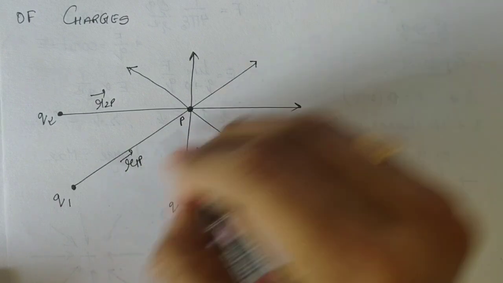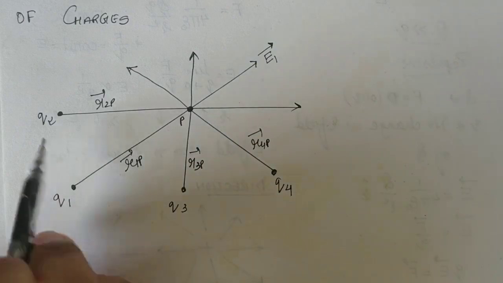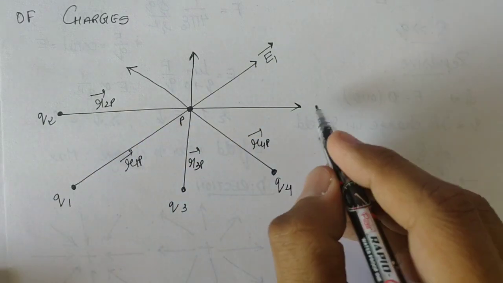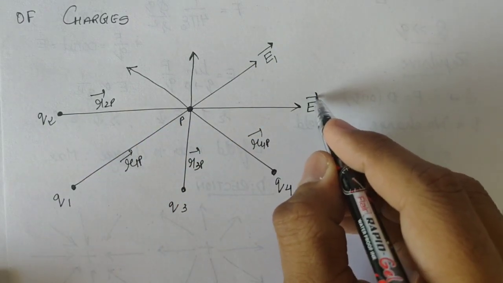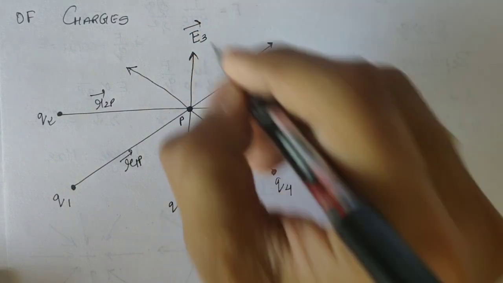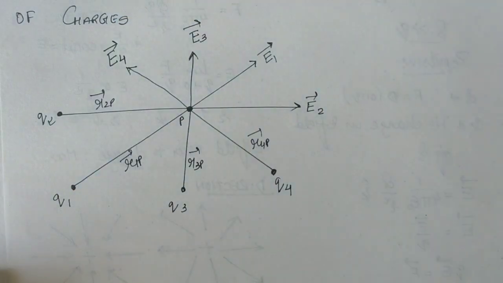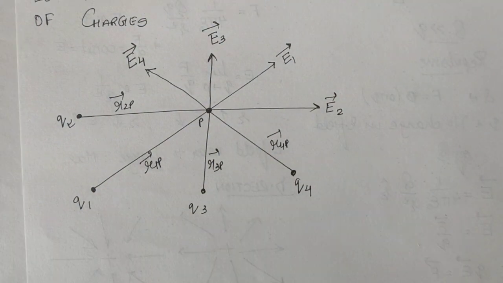Electric field due to Q1 is E1. Electric field due to Q2 is E2. Due to Q3 is E3. Due to Q4 is E4. To understand the direction of the resultant electric field, we will use the parallelogram method, from chapter number 4, standard 11.